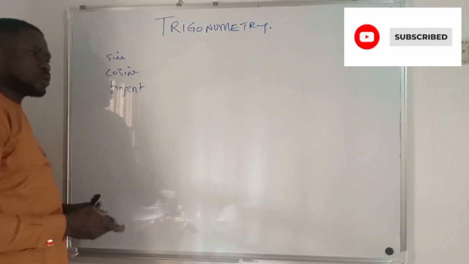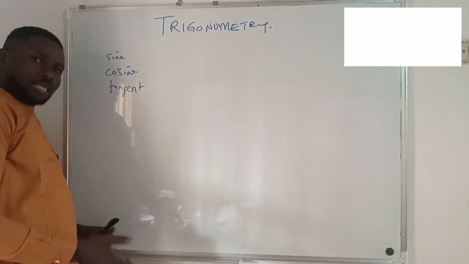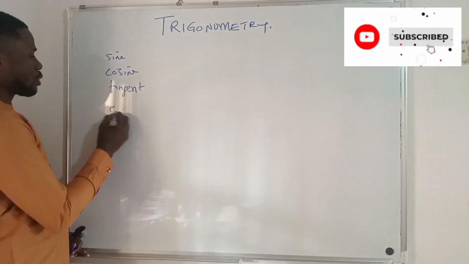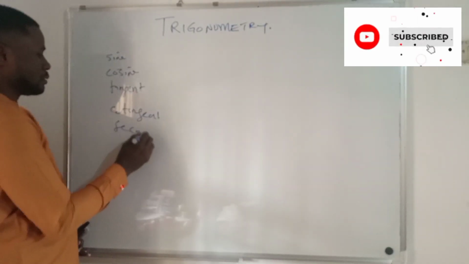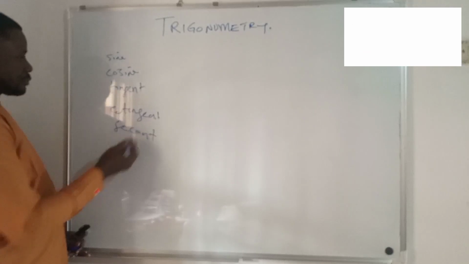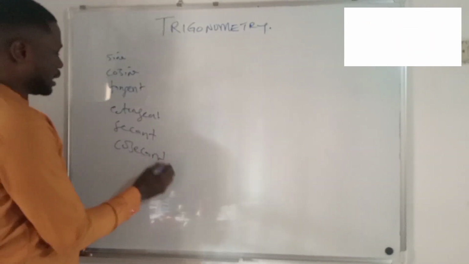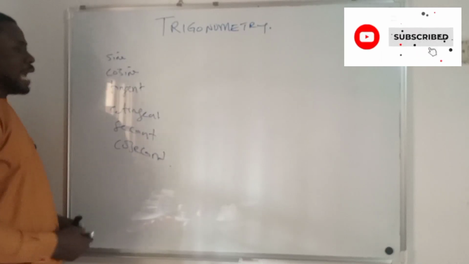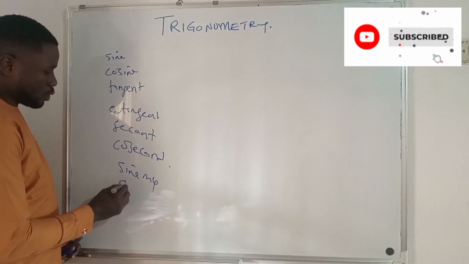We also have the cosecant, the cotangent, the secant. Now, we also have the sine rule, the cosine rule.